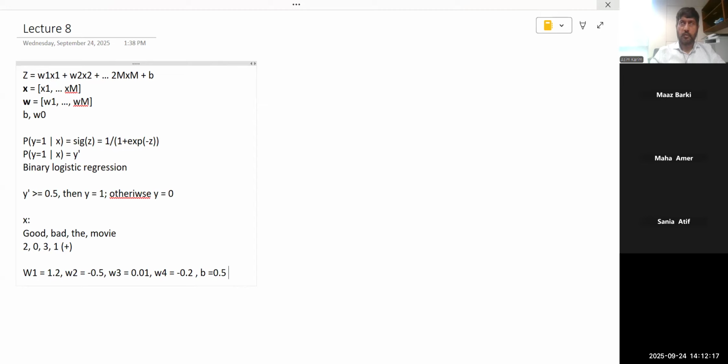So now you can simply use these values with the X value to predict Y. Let me first compute Z. So 1.2 for good, and what was the count of good? It was 2, plus 0 because of course the count of bad is 0, plus 3 for the, what was its weight?